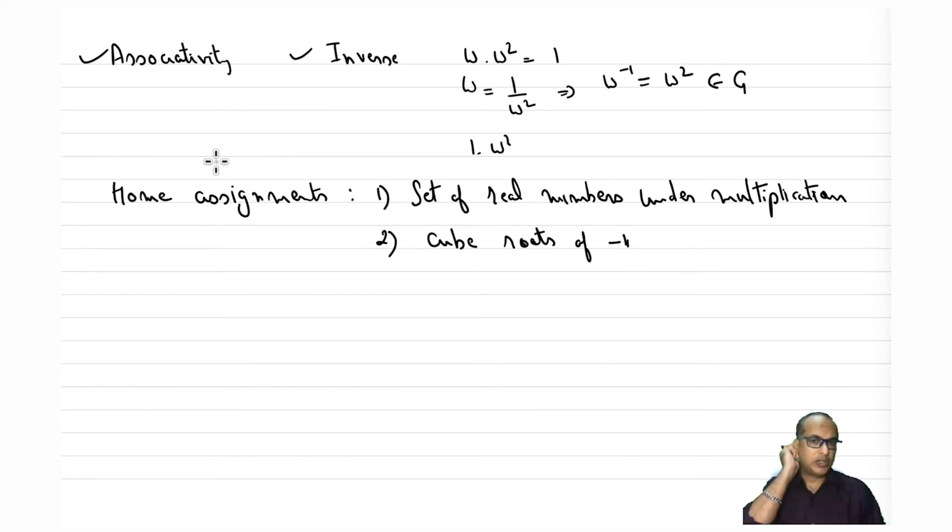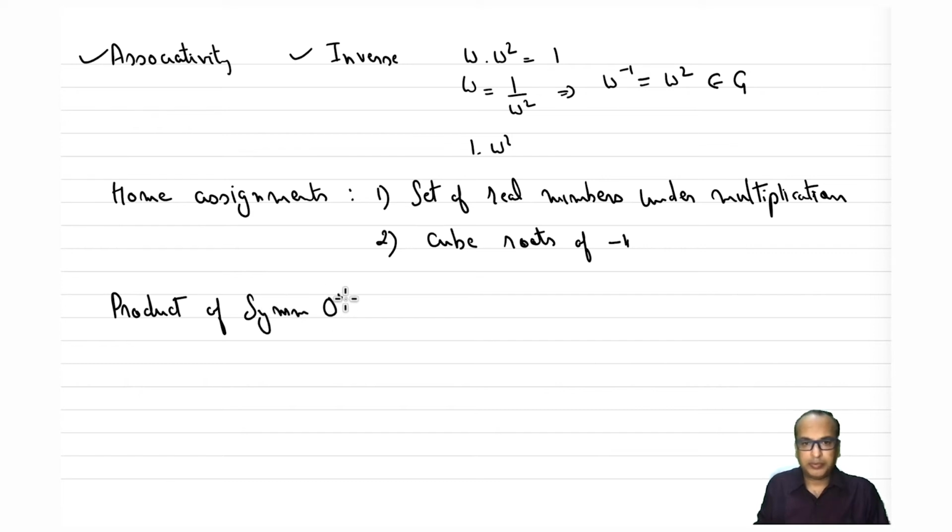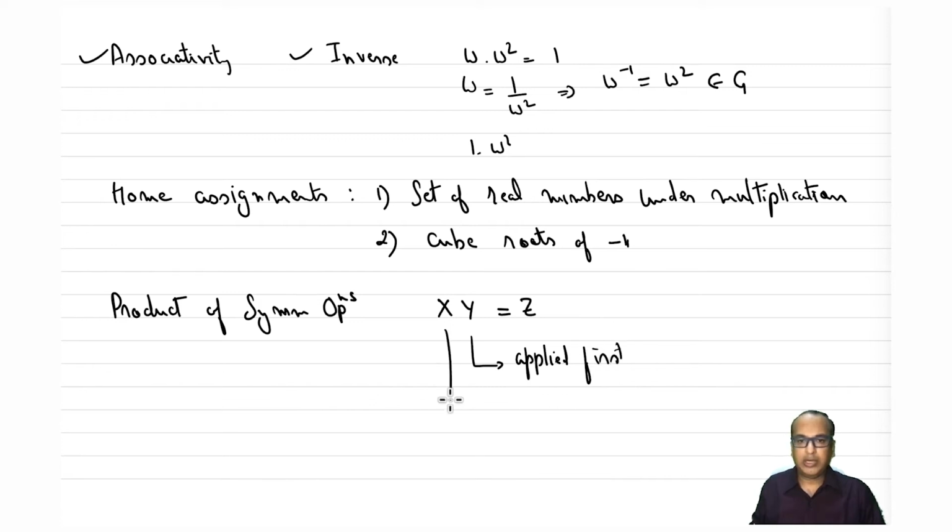Now let's also look at certain properties, and recall some other properties. We have also discussed the product of symmetry operations. Remember that if we say x into y equals z, this operation is applied first, this operation is applied second, and this is the resultant.